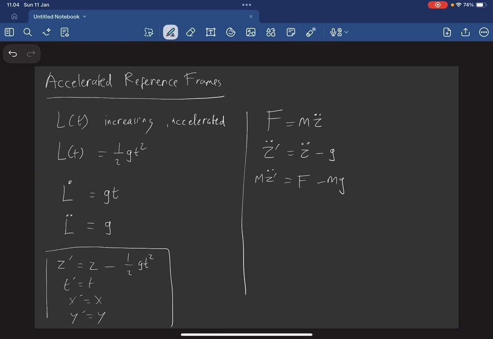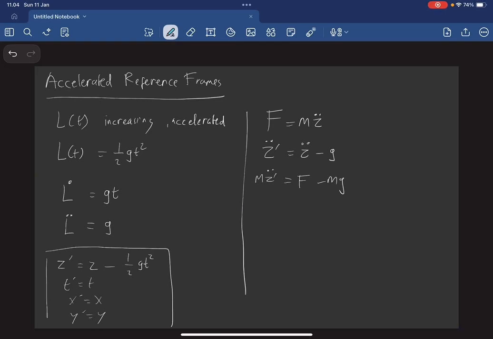We call this the force in the prime frame of reference. You notice, as expected, that the force in the prime frame of reference has an extra term, the mass of the particle times the acceleration of the elevator, with a minus sign.